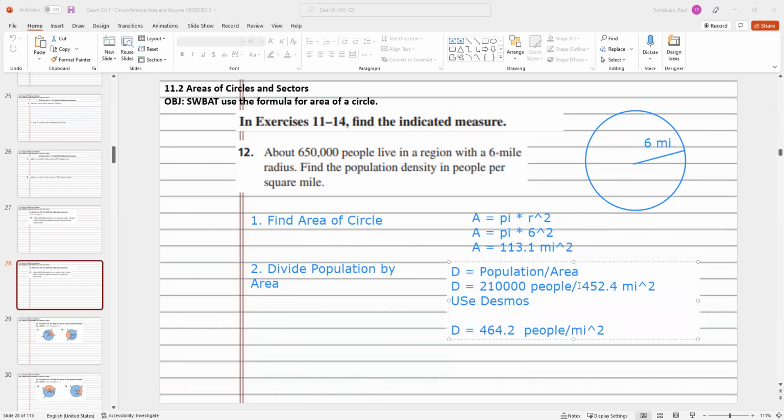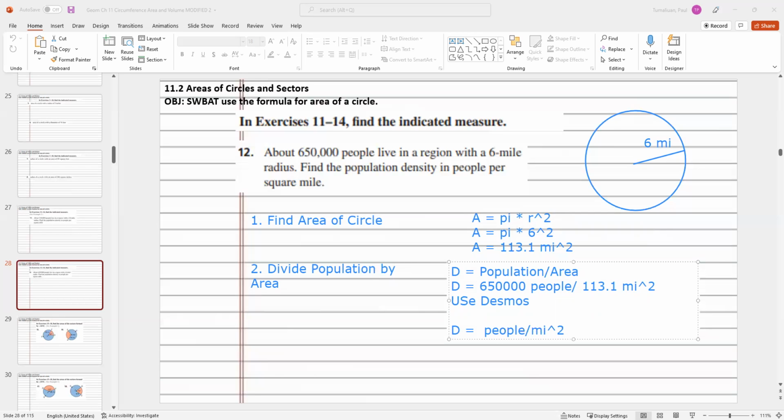And then we have 113.1. And the population that they gave us here is 650,000. So use Desmos, and what do you get? Okay, I'm going to try it again.